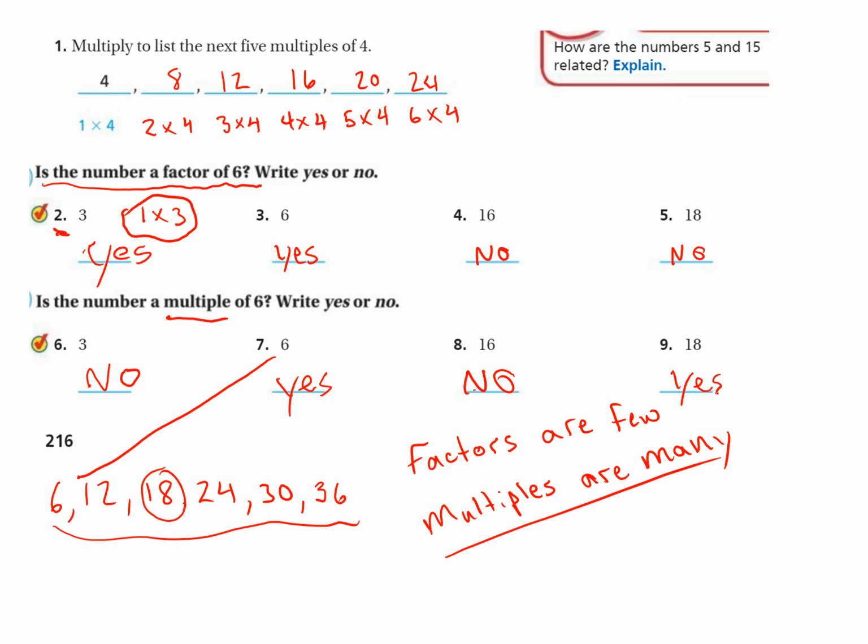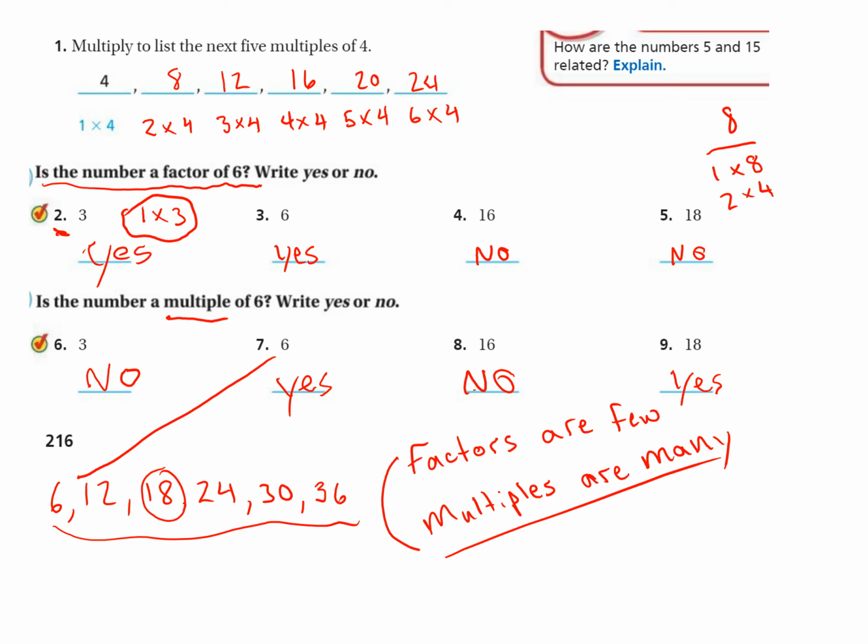So you have to remember, guys, when you're doing this lesson and homework and the next test, you have to remember the difference between these two things. Factors are few. There's only a few of them for any given number. For example, the factors of 8, there's only a few. 1 times 8, 2 times 4, and that's it.